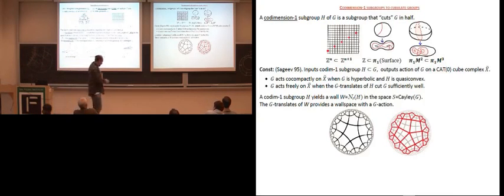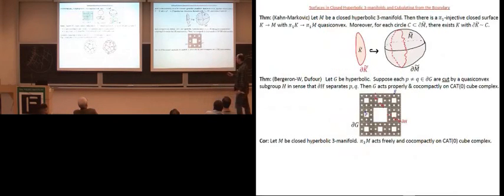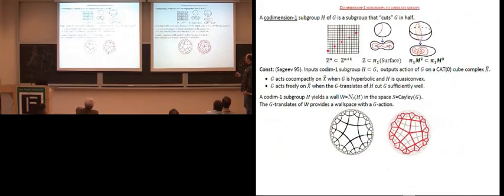So you take your wall and you translate it around. So there's one over there. So maybe I'll translate it for you. Here it is. You've got this one wall, and then you translate it by the group action, and you get another wall. You translate it again by the group action, you get another wall.